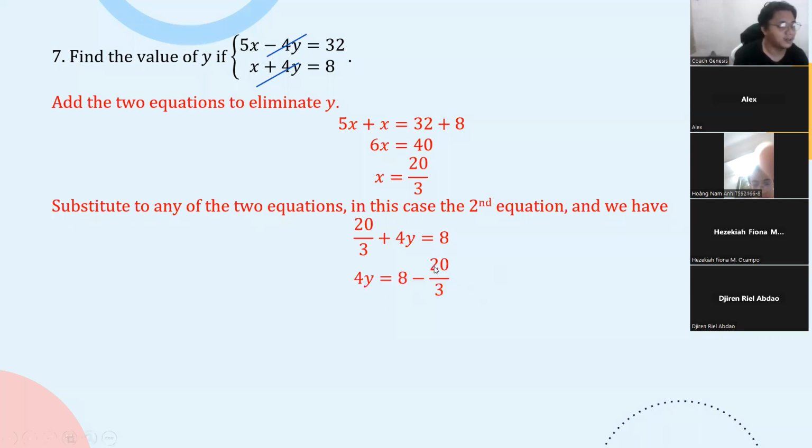So you have 12y is equal to 24 minus 20. We simplify, you have 12y is equal to 4. We divide both sides by 12, and you will get y is equal to 1/3. So the answer for number 7 is 1/3.